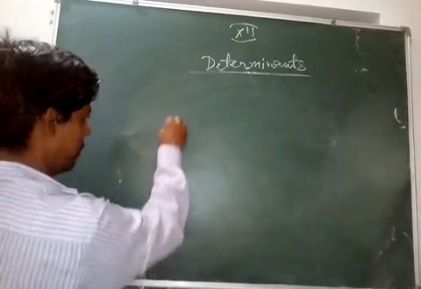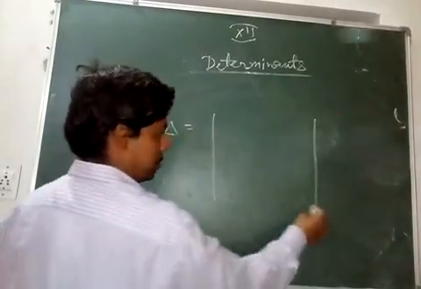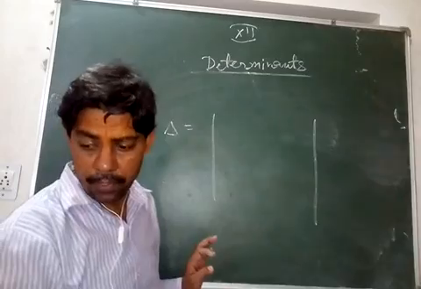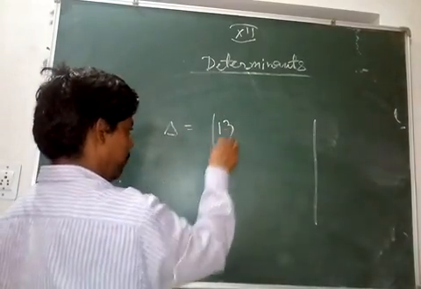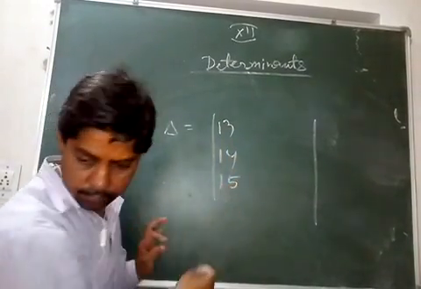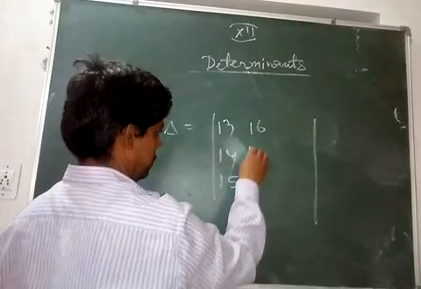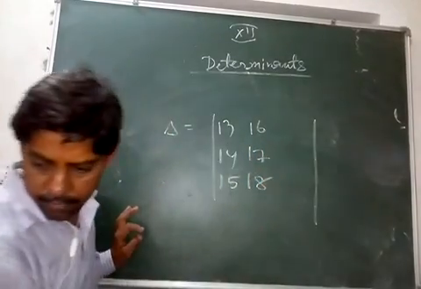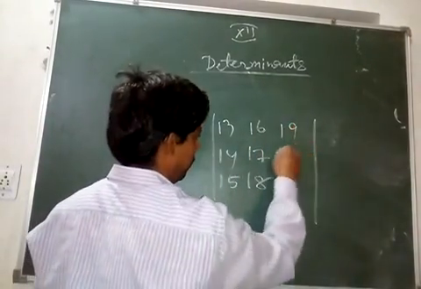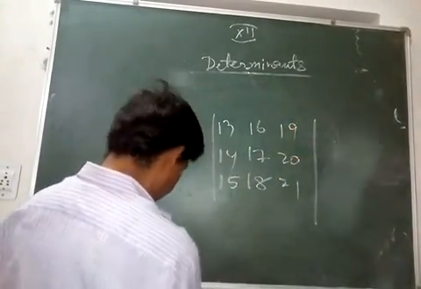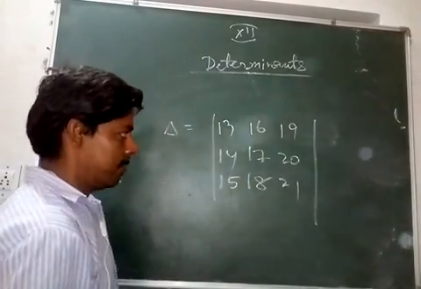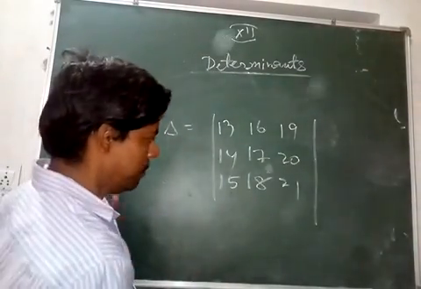Okay, suppose we have a determinant here. This is from your exercise 4.2. 13, 14, 15, 16, 17, 18, 19, 20, 21. So if you have this determinant, you have to find this value using properties. Can you simplify this?